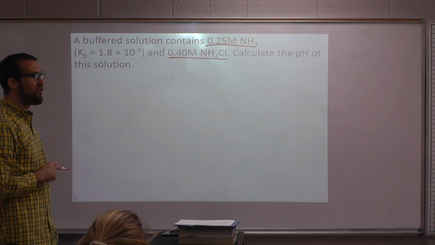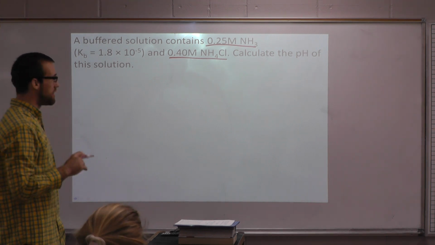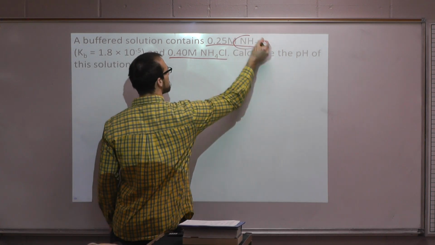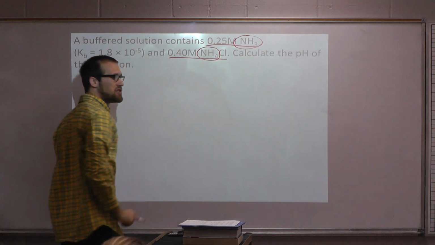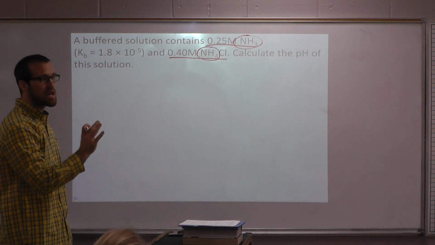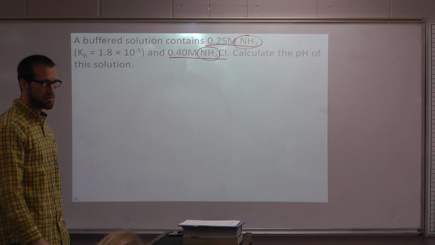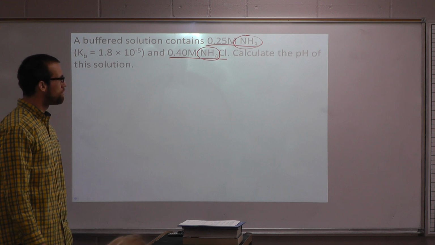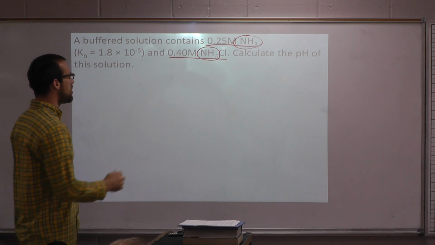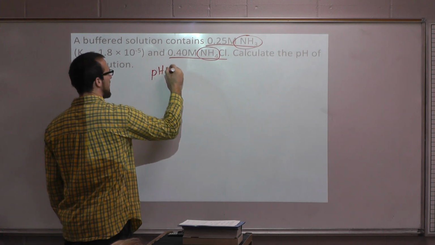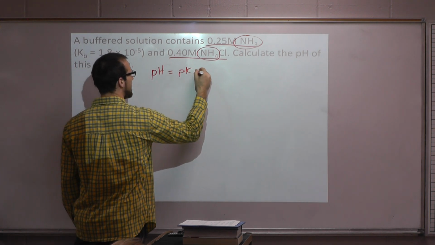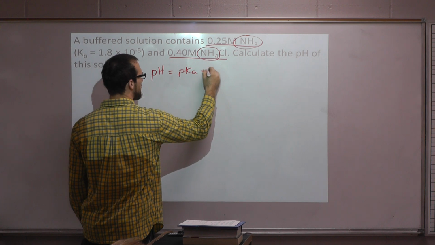Or essentially, you need to find the conjugate pair. This and this are your conjugate pair. Just looking at the conjugate pair, which one has to be the acid? NH4. Okay? Well, we know that our Henderson-Hasselbalch equation has pKa in it, which means we want the Ka, right?